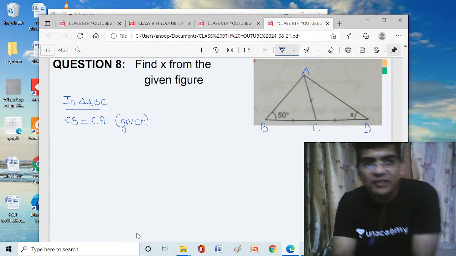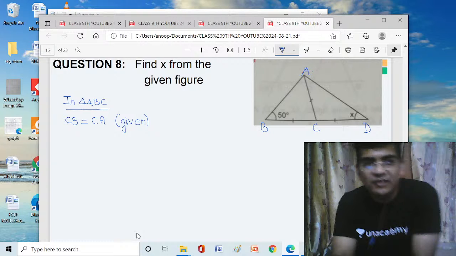So I can say these two angles are equal. And what reason can I give? Angles opposite to equal sides in an isosceles triangle are equal.